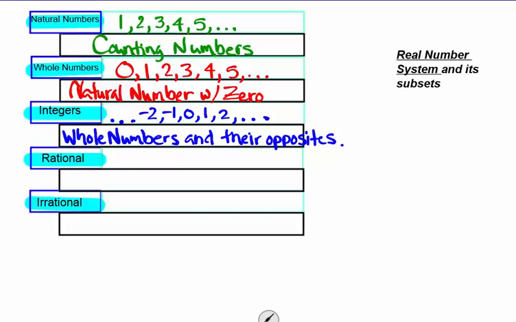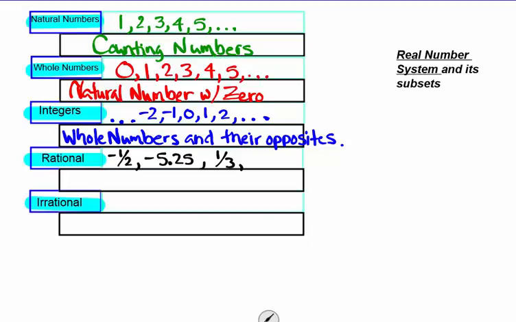I'm going to give you some examples of rational numbers. Rational numbers are any numbers that can be written as a fraction. Rational numbers can be decimals, positive or negative. They can be fractions. They can be repeating decimals or terminating decimals. They can even be the square root of perfect squares.